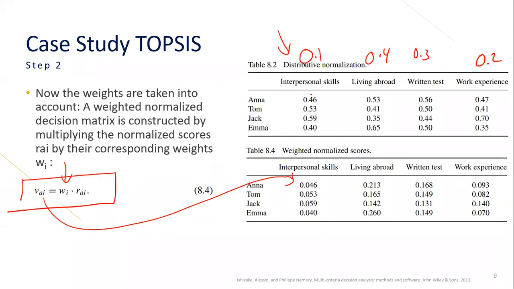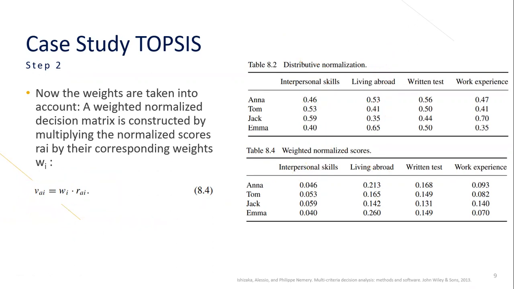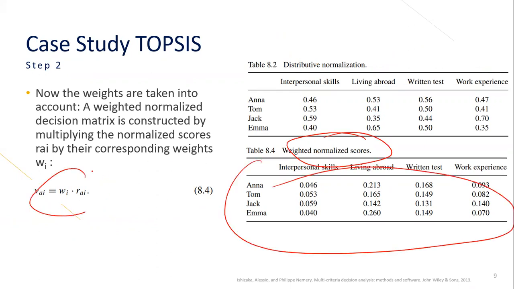And then you need to calculate. This one is 0.4 multiplied by 0.1 is equal to this. Okay. And then this one is 0.4 multiplied by 0.5 is equal to this. Do it for all of the data, and then you will get the weighted normalized score. So the normalized table multiplied by the weight, you get this one based on this formula.